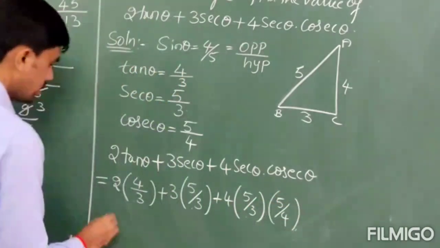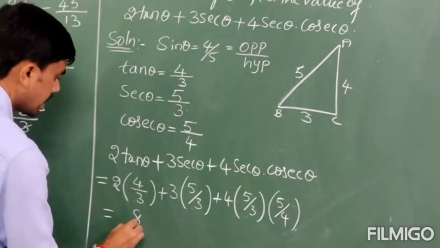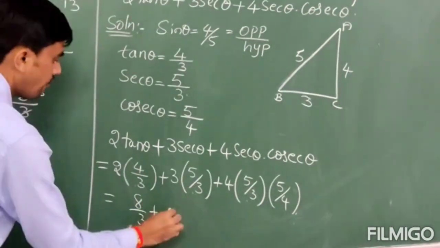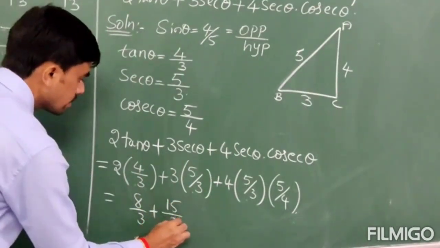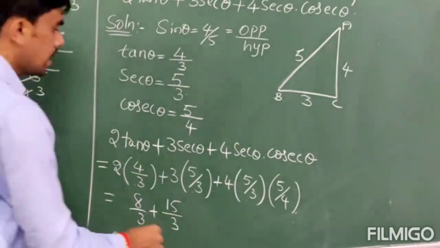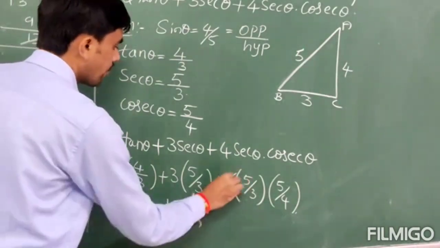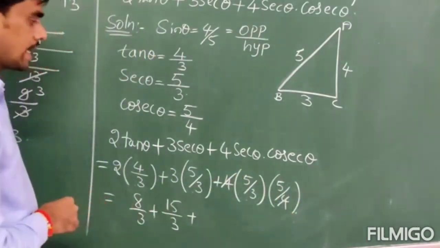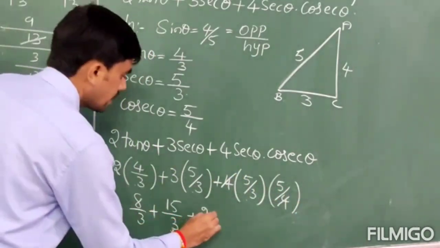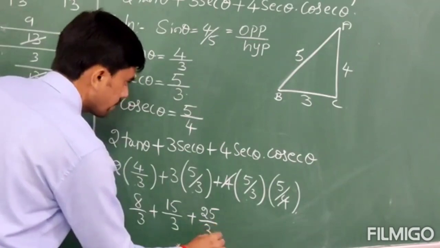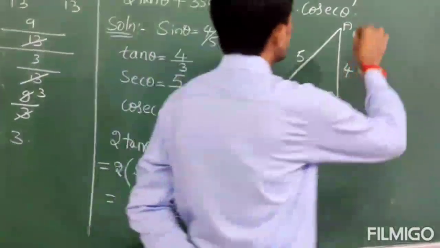So here 2 into 4, 8 by 3, plus 3 into 5, 15 by 3, plus 4. Here the 4s get cancelled. 5 into 5, 25 by 3.